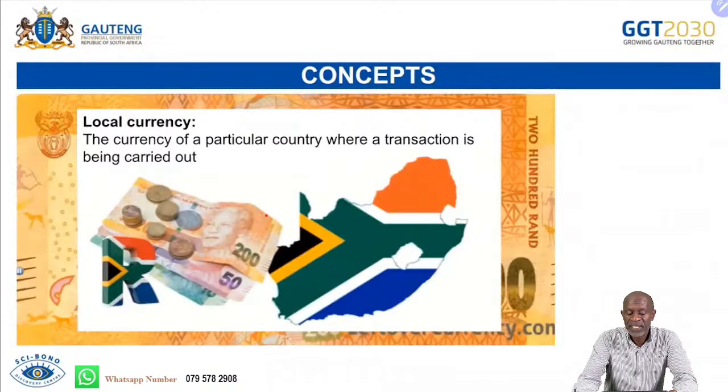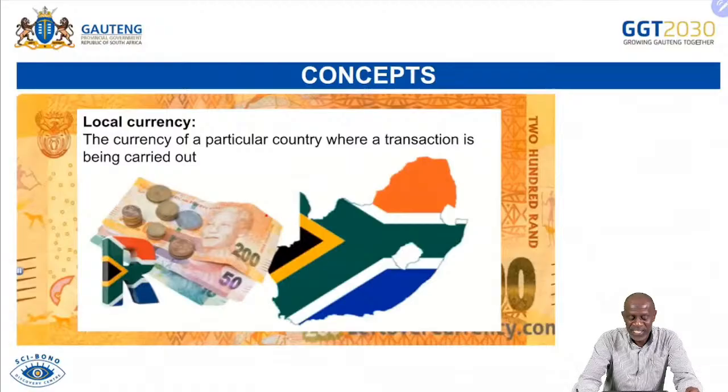The next concept is local currency. What do we mean when we say this is local currency, or this currency is of local value? The currency of a particular country where a transaction is being carried out, the currency that is used in a particular country where buying and selling takes place, is referred to as local currency.